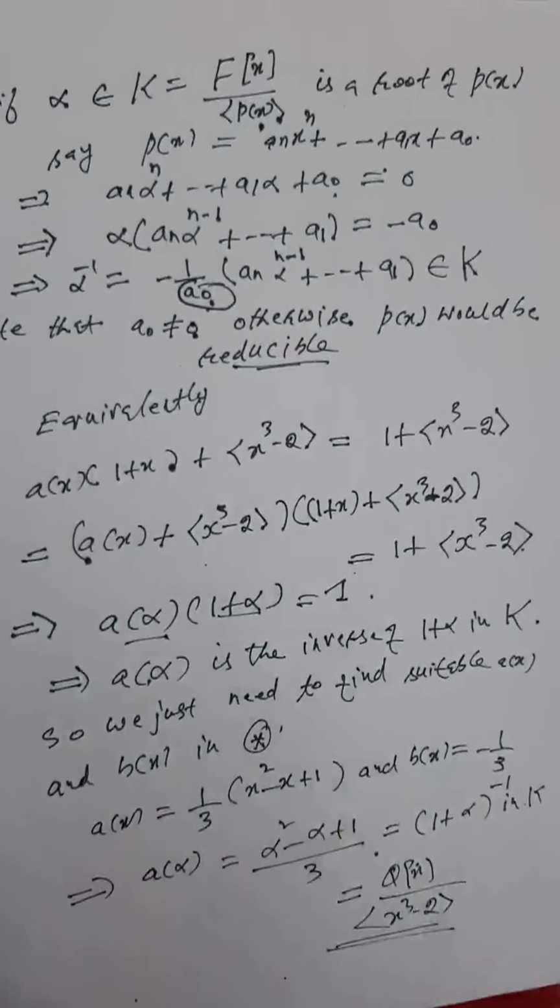Now let us take a few more examples. We have taken so many examples with Q as our base field. Let us take, for example, the finite field Z mod 2Z.